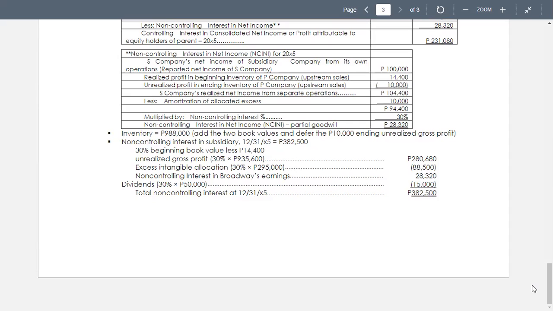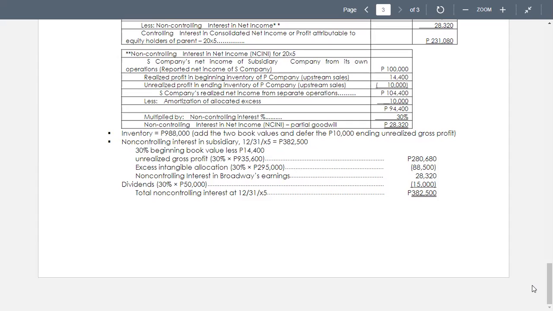The sum of the non-controlling interest is 541,200. That's the sum of 301,800 and 239,400. So 541,200 we deduct from 7,512,000.